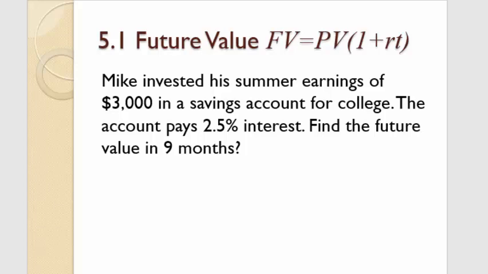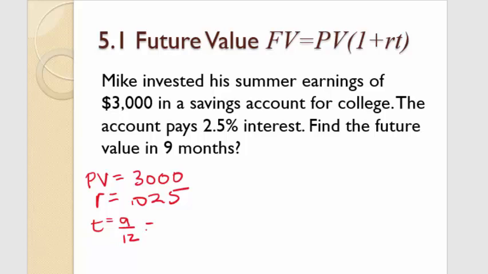Find the future value in 9 months. So in this case, the PV is going to equal $3,000. The R is going to equal 0.025. And the T is going to equal 9 over 12 because I need to convert months into years. So 9 divided by 12 is 0.75.